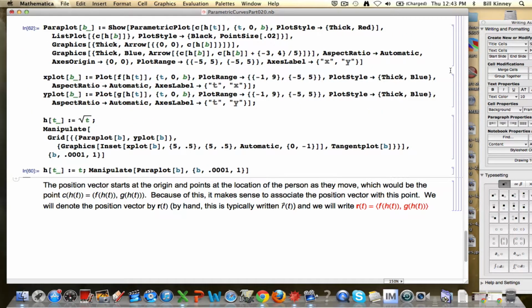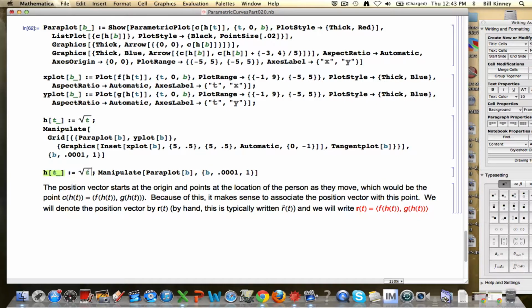What I would like to do to finish off this video is allow myself to put a velocity vector in the animation, even in the case where the speed is not constant, for example, when the h of t is square root of t. How can I do that? Well, remember this vector up here has unit length, the length of 1.